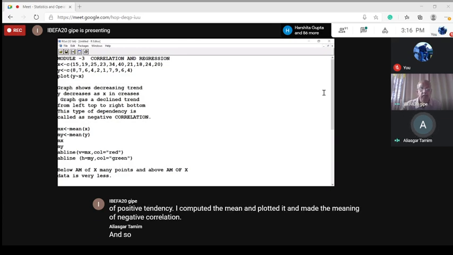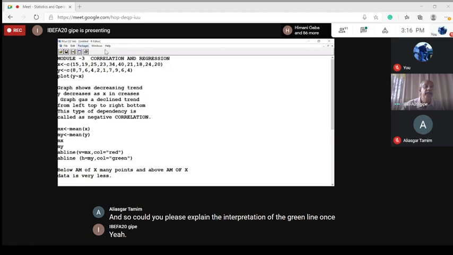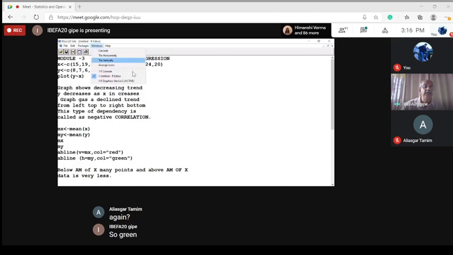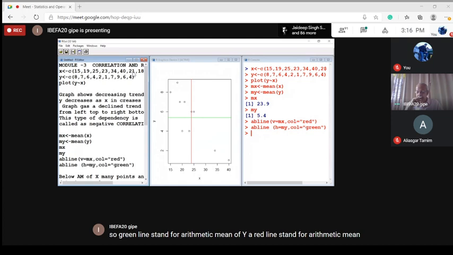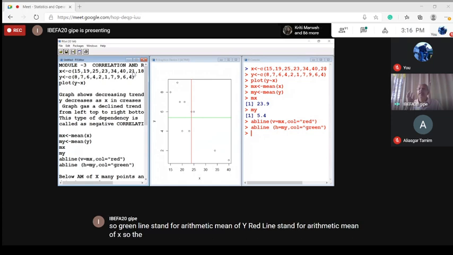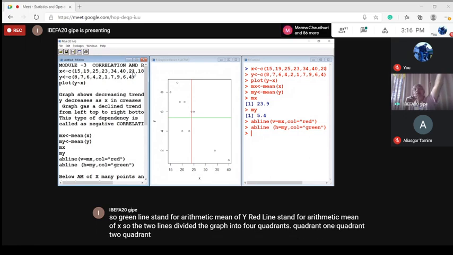Sir, could you please explain the interpretation of the green line once again? Yeah. So the green line stands for the arithmetic mean of Y. The red line stands for the arithmetic mean of X. So the two lines divide the graph into four quadrants: quadrant 1, quadrant 2, quadrant 3, quadrant 4.